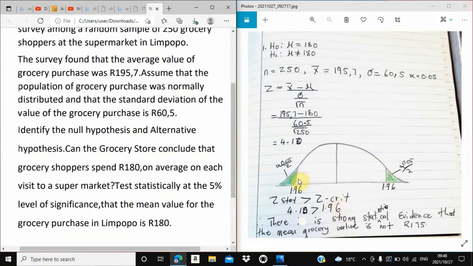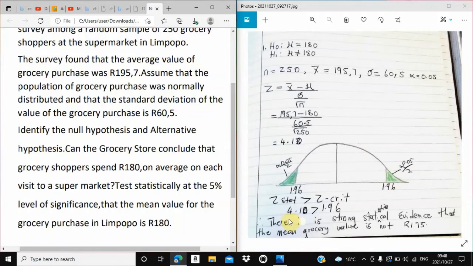Before we continue, this area that is not shaded is the acceptance region. We accept everything here. When our value lies here, then we accept it. But if our value is in the shaded part, we are going to reject that hypothesis.